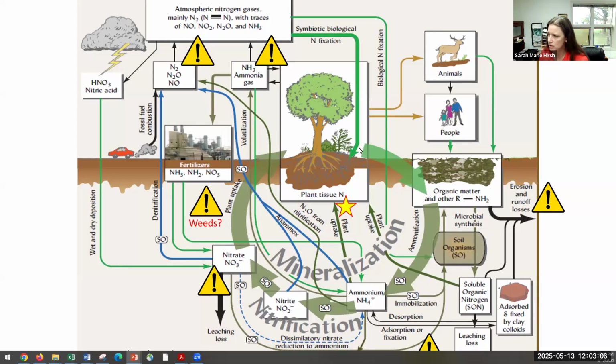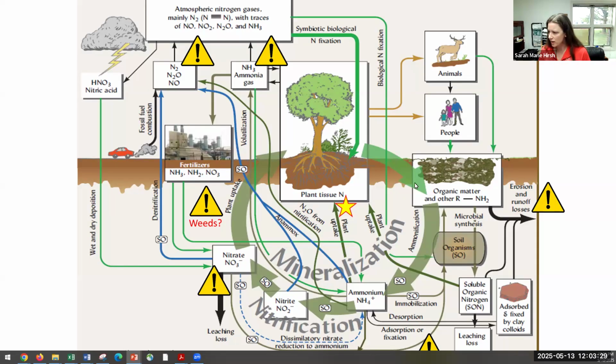If we just walk through a few of the processes here, organic matter contains a percentage of nitrogen. That is called organic nitrogen. Then that breaks down through mineralization. The term mineralization means starting in an organic form and becoming mineral forms.